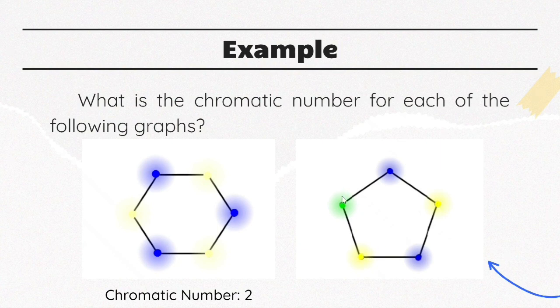But this vertex here couldn't be blue or yellow since it is adjacent to the yellow vertex and also adjacent to the blue vertex. So we assign it another color. So the chromatic number for this graph, since there are 3 colors, would be 3. Okay.